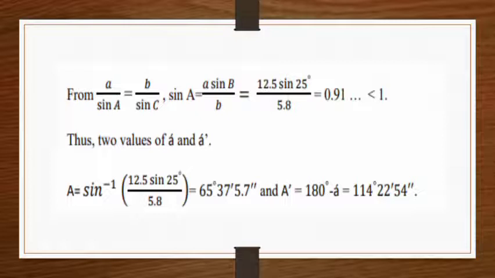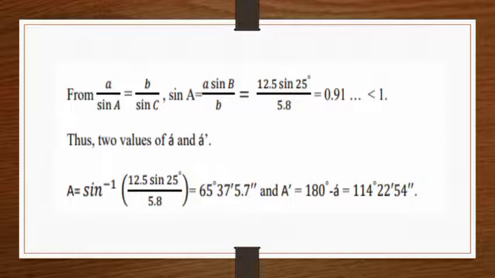From a over sine A equals b over sine B, sine B equals b sine A over a. The value of side a is 12.5 and the value of angle A is 25 degrees. So divide by the value of side b, 5.8. The answer is 0.91, which is less than 1.